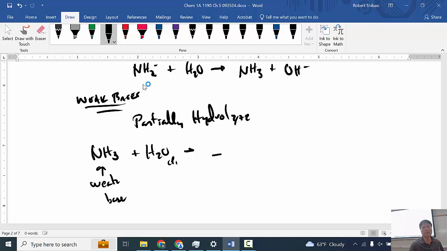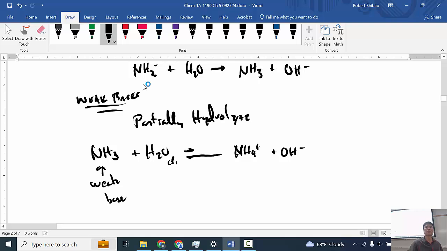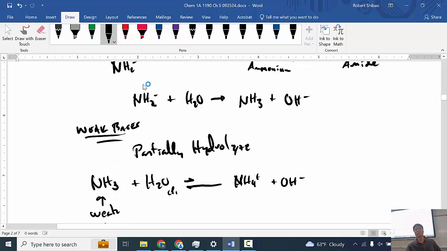They only react partially to form ammonium and what? Hydroxide. And so the difference between a weak base and a strong base is the amount of hydroxide it produces. A strong base like amide produces lots of hydroxide, whereas a weak base like ammonia produces very little hydroxide.